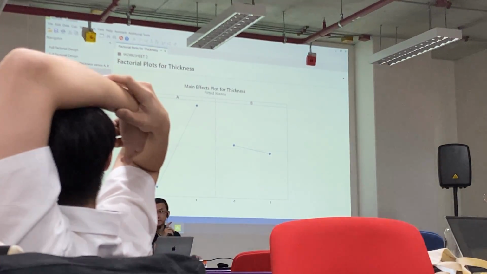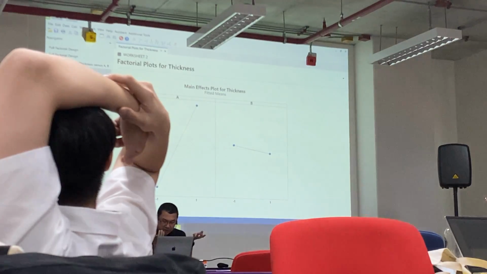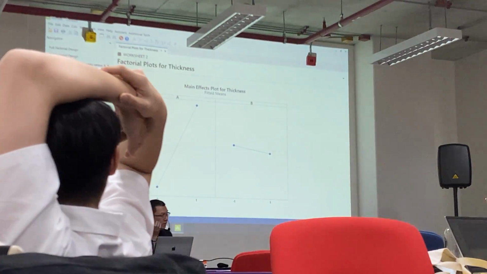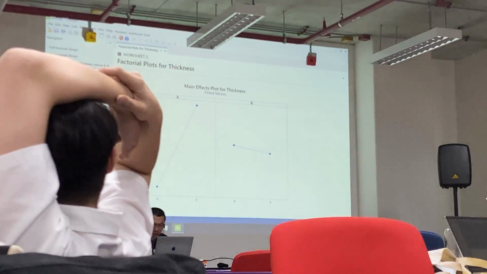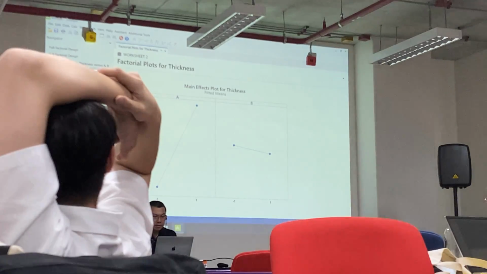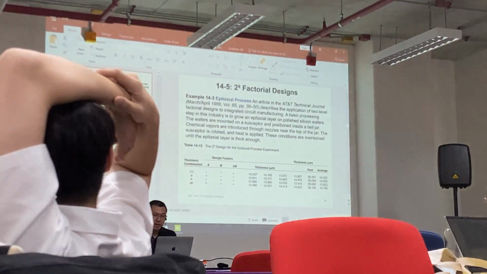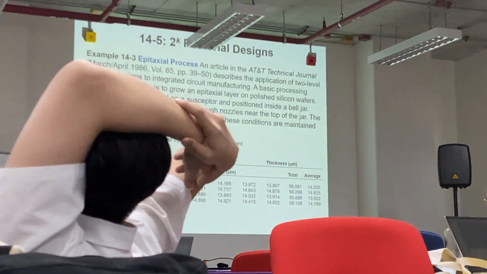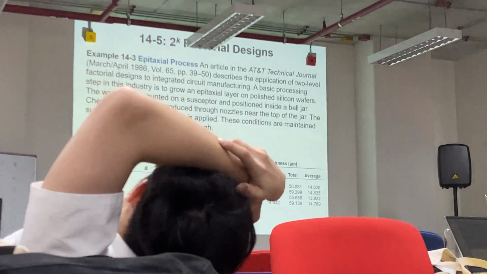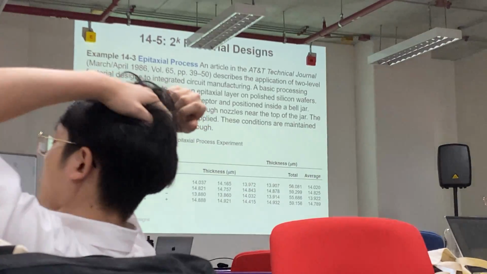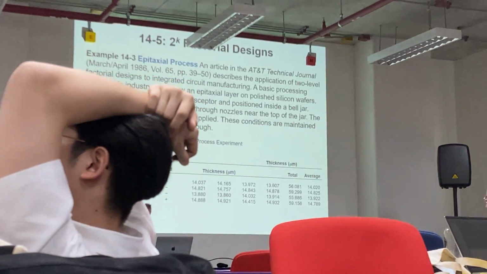Clear or not clear? Just like factorial design, this is 2 levels for each factor. Does anybody have questions? So, what happened now? You change A from low to high, thickness increases.